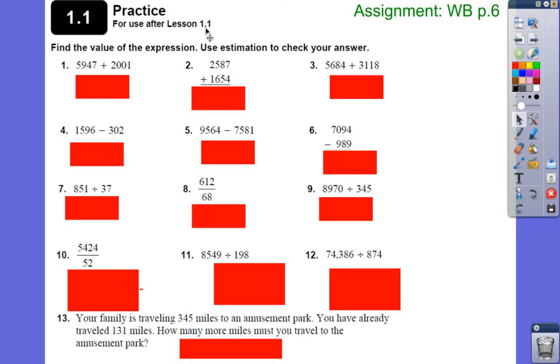We are concluding lesson 1.1, and this will let you know whether you've got that key idea of operations and what operation to use when. We have practice problems with each skill, and then down at the bottom, the word problem you are expected to complete, and you'll need to find the key words in that problem and determine what operation to use. So, once again, complete your workbook, page 6.